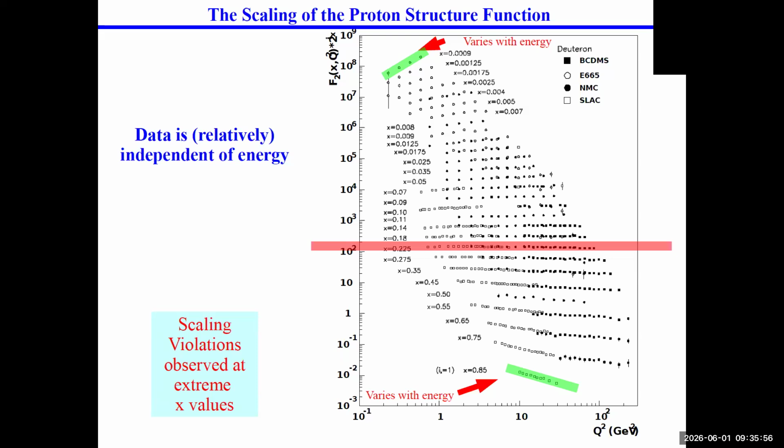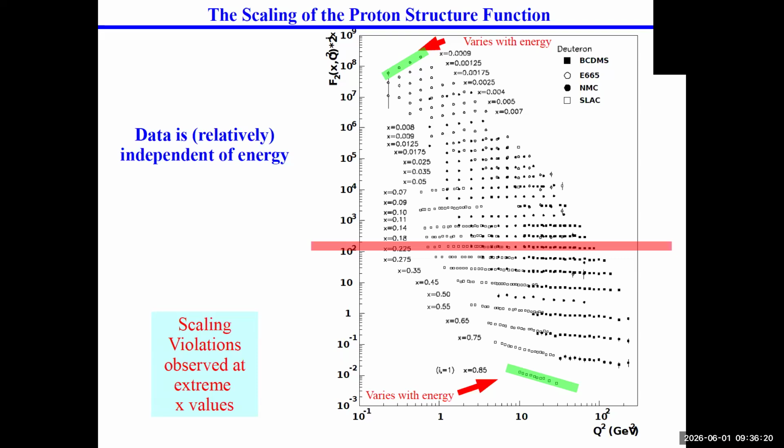When you see something invariant of energy, that means when I probe it with different wavelengths, it looks the same. That represents some sort of point-like object. That in part was the hint that led people to say, maybe we can describe this as a point-like object.